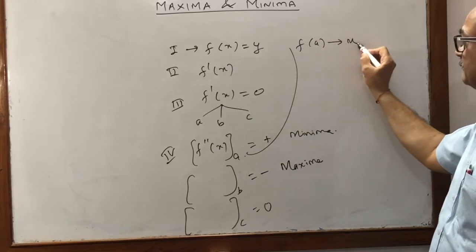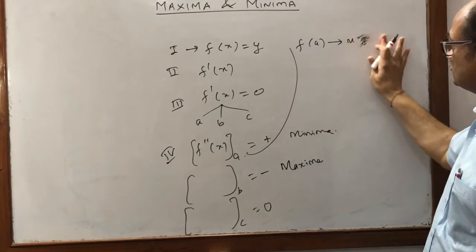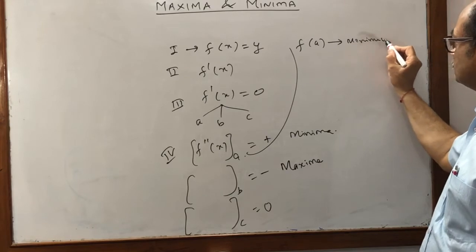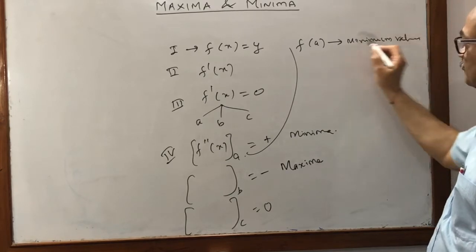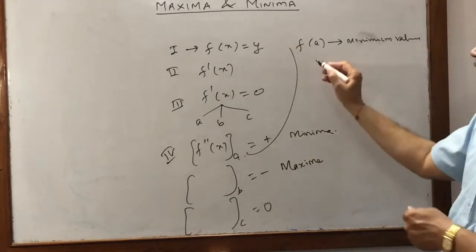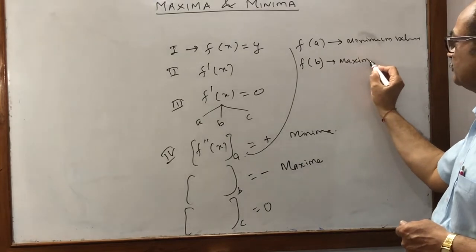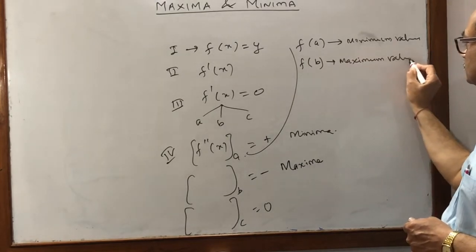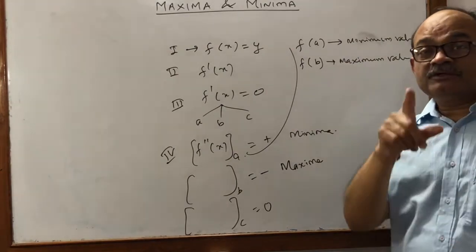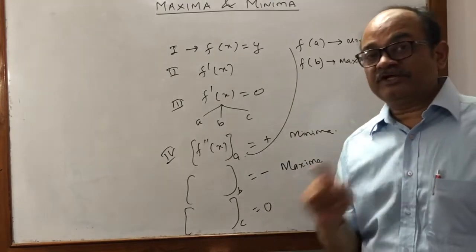You will get the minimum value of the function. When you substitute the maxima point in the question, you are getting the maximum value of the particular function. So no confusion between maxima and maximum value, minima and minimum value.